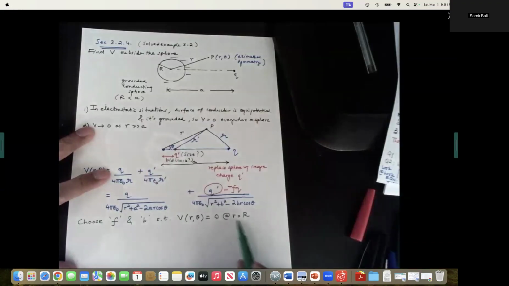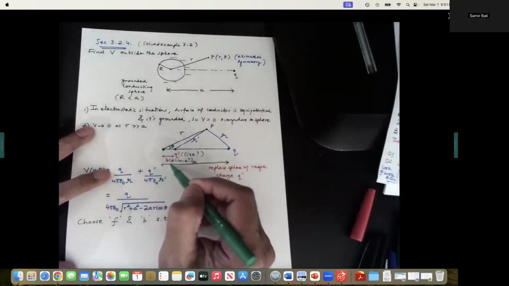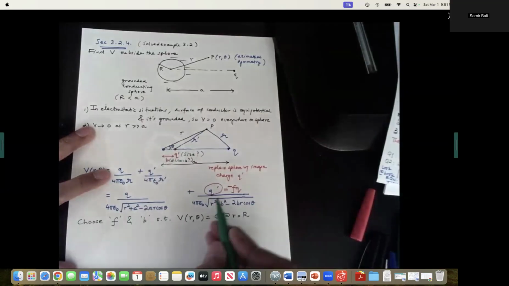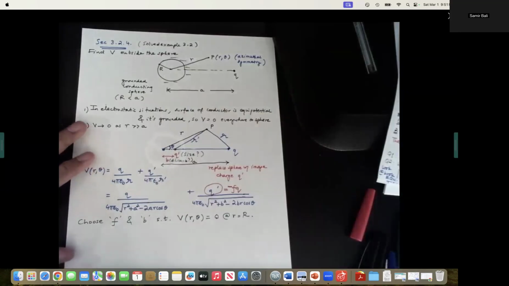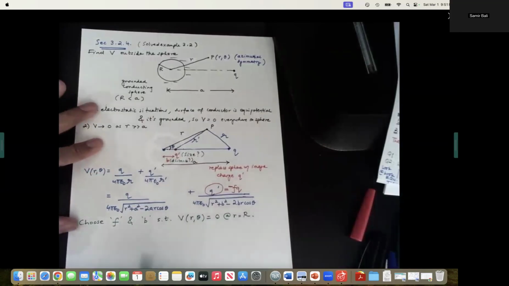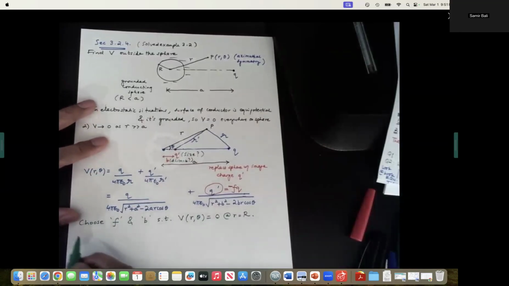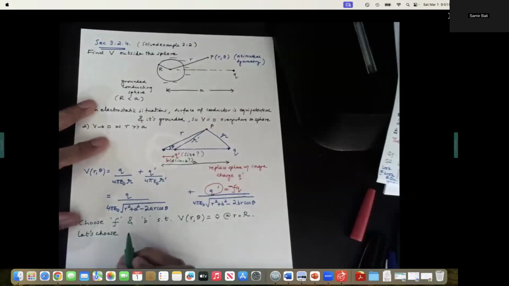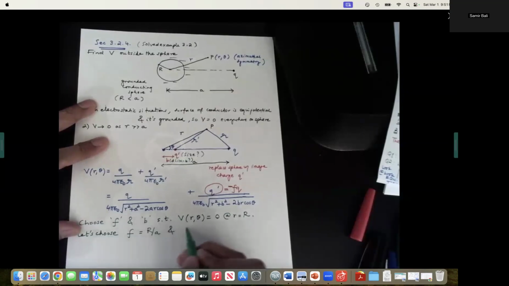You see how the radial coordinate really works. Wherever little r is capital R, I want this potential to go to 0. So how to do that? It turns out, this is where an inspired guess happens, that if you choose F equal to R divided by A, and little b equals R squared divided by A.